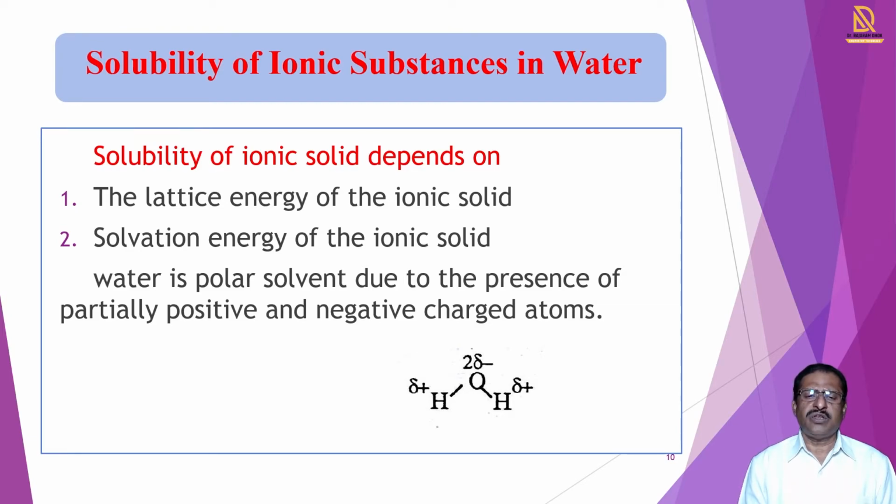We know that water is a polar solvent, and due to the presence of partially positive and partially negative charges on the ionic solids, they are soluble in water because water also has a partially positive charge on the hydrogen and a partially negative charge on the oxygen. When such ionic solids are dissolved in water, they dissolve easily, but it depends upon the lattice energy and solvation energy.